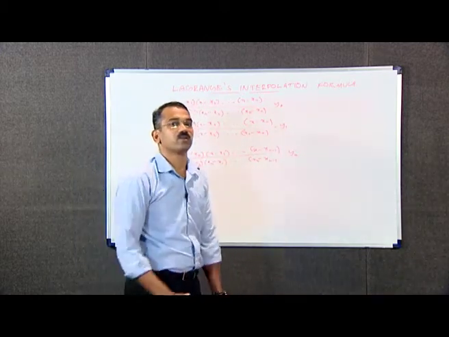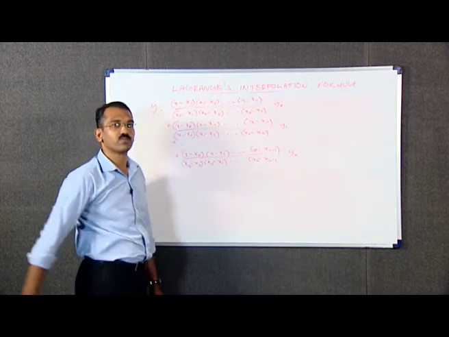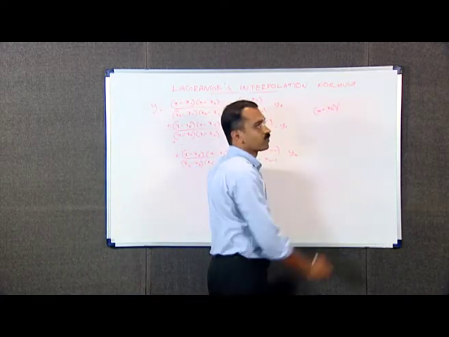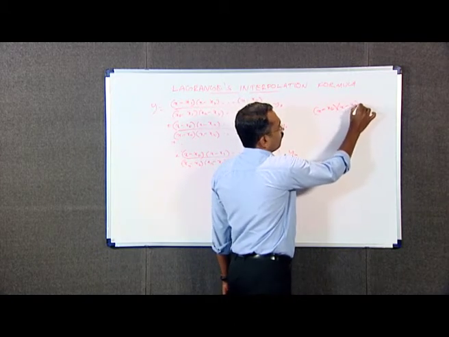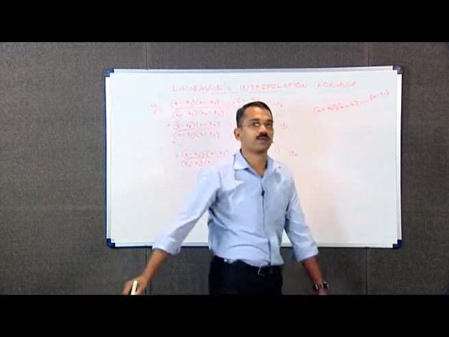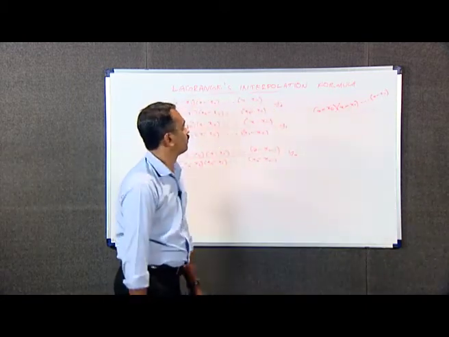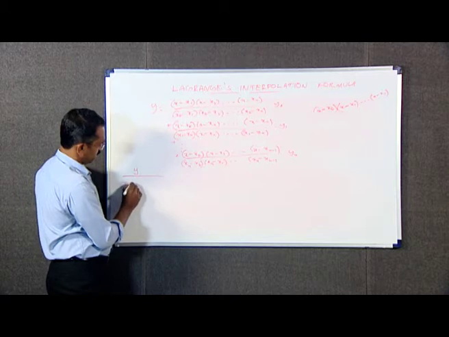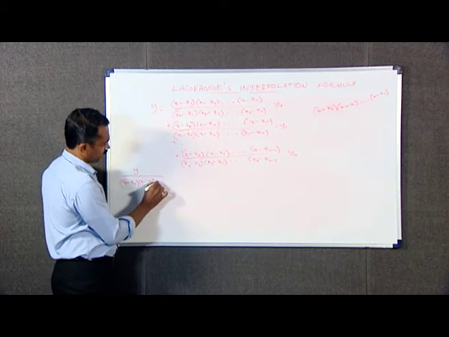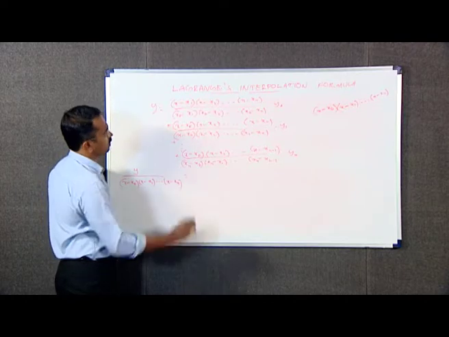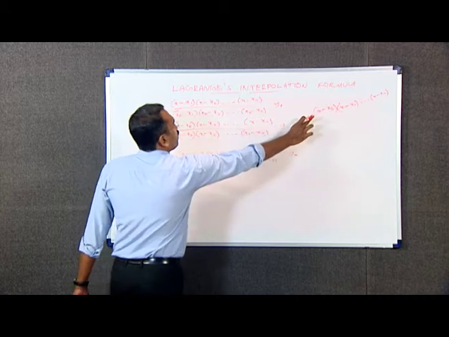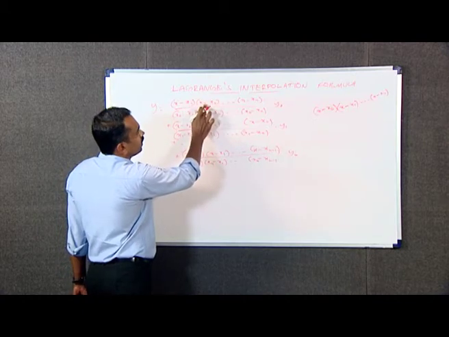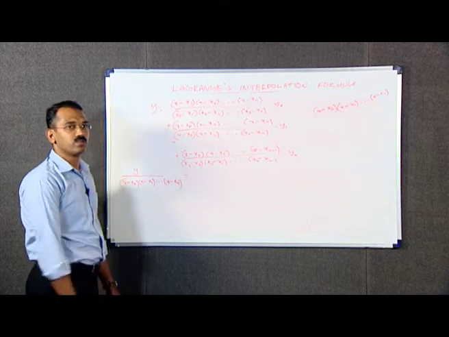If we divide this formula by x minus x naught into x minus x1 into etc. x minus xn, we get y divided by x minus x naught into x minus x1 into etc. x minus xn is equal to, here if we divide by this term, x minus x1 into x minus x2 into etc. up to x minus xn will be cancelled.